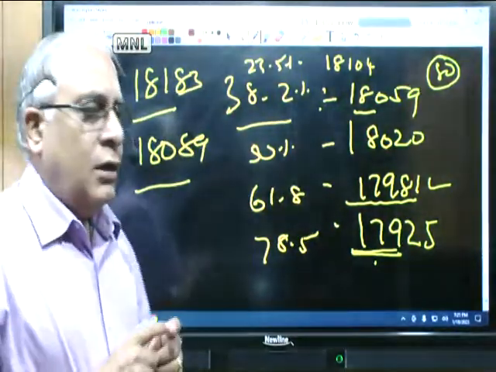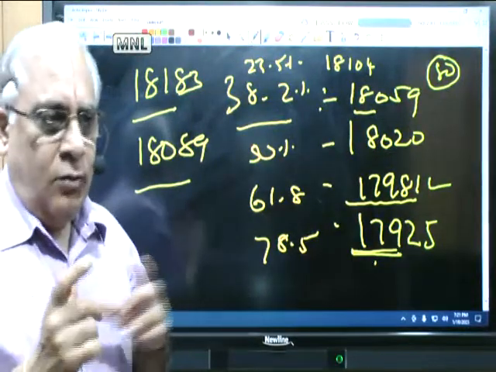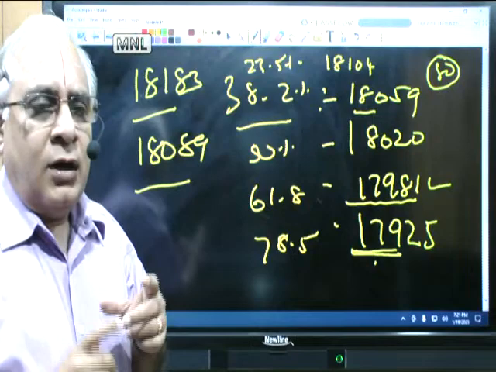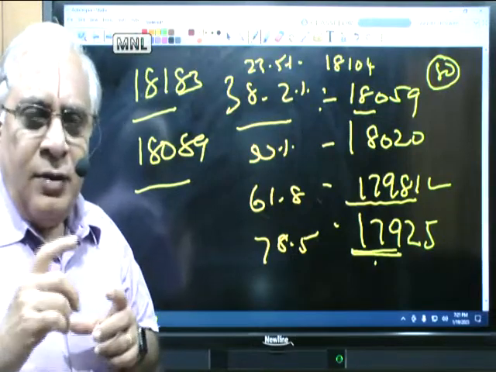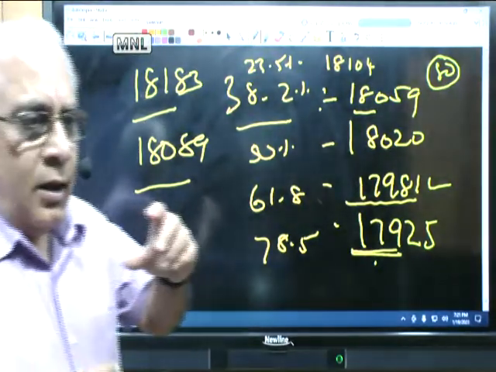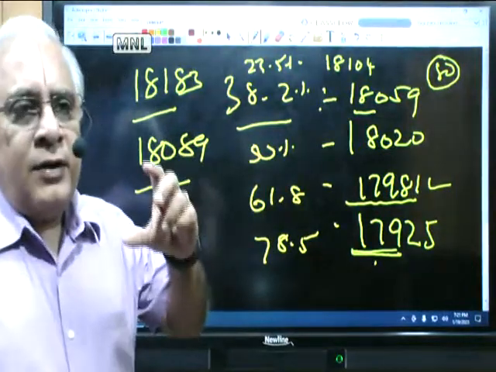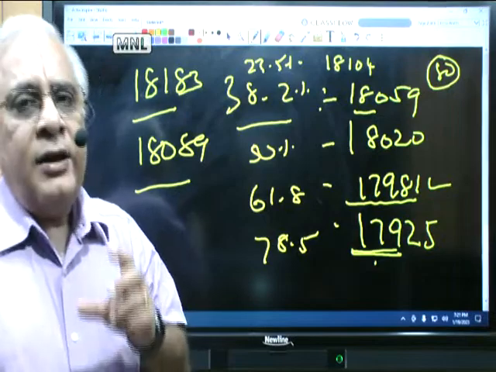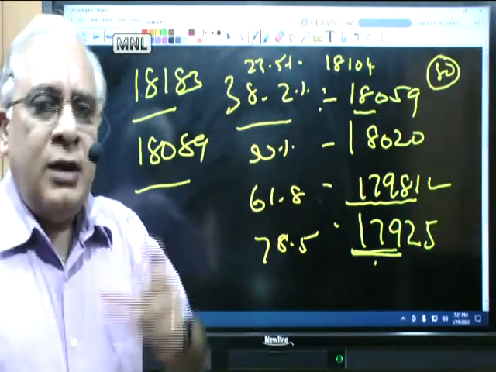Now, if you see the Nifty right now, in intraday, normally the shift takes place every 110 points. If it cuts 110 points from the peak, then it goes down. If it cuts 110 points from the bottom, then it starts to go up.